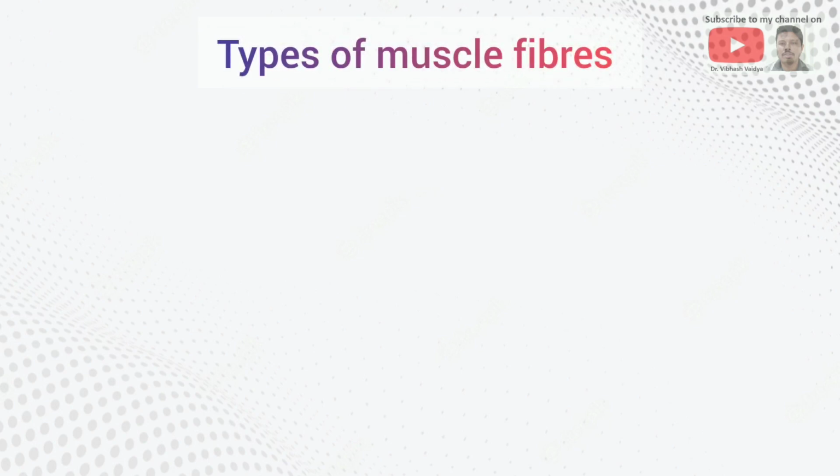First we'll discuss the types of skeletal muscle fiber. Skeletal muscle fibers are of two types: type 1 fibers and type 2 fibers. Type 1 fibers are slow twitch or red fibers, while type 2 fibers are fast twitch or white fibers.